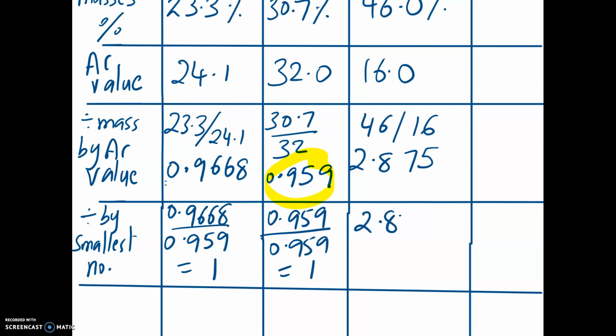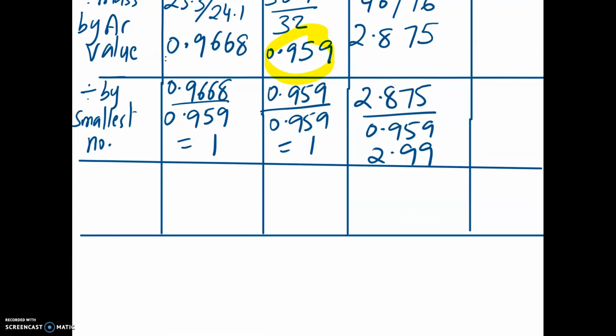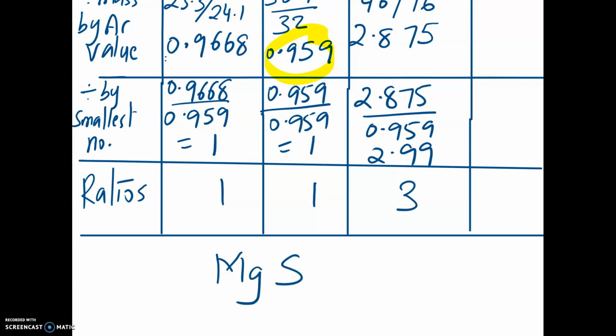And finally 2.875 divided by 0.959 gives you 2.99, which is approximately 3. So the ratio is 1, 1 and 3. So the formula becomes MgSO3.